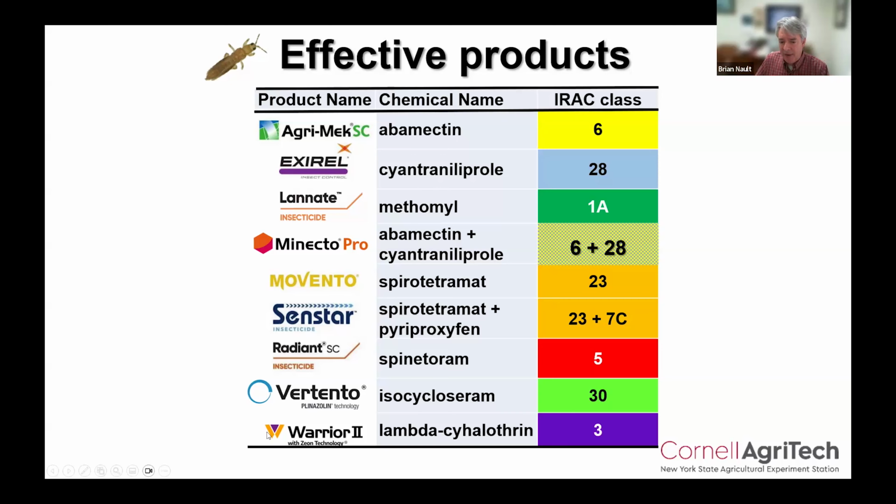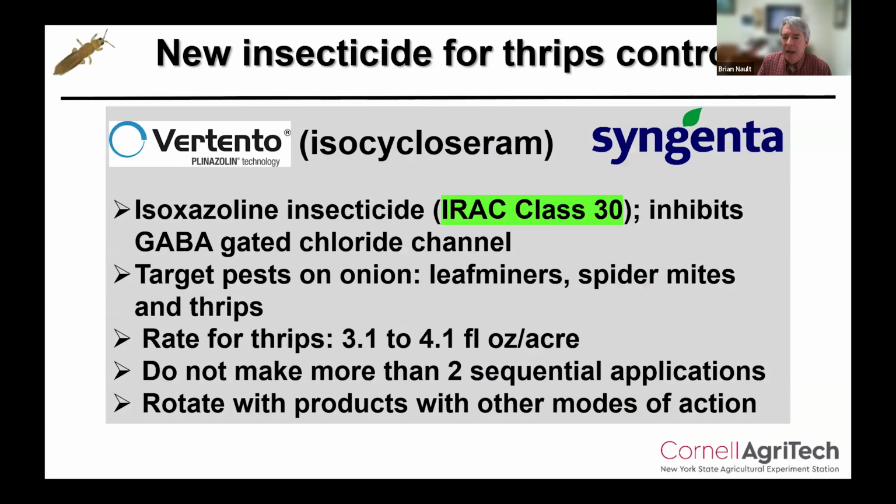You'll notice that I have a new product listed here, Vertento, and it belongs to a novel class of chemistry, which is awesome. The active ingredient in Vertento is called isocycloserum. It's an isoxazoline insecticide. It inhibits the GABA-gated chloride channel. If you look at the label, not only does it include thrips, but also leaf miners and spider mites.